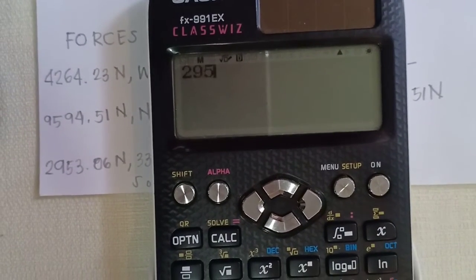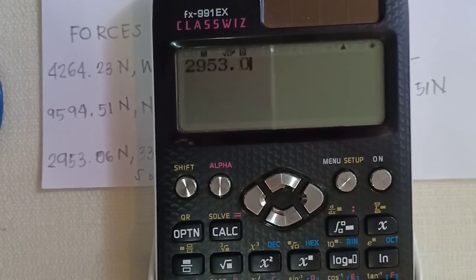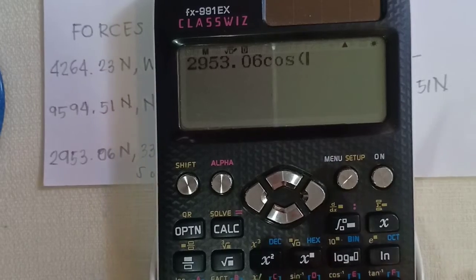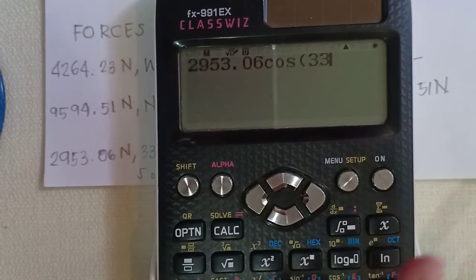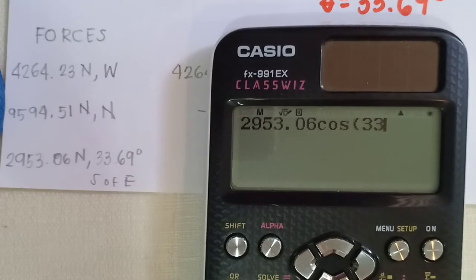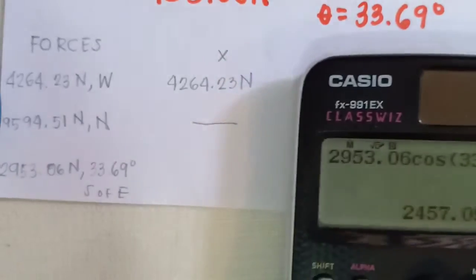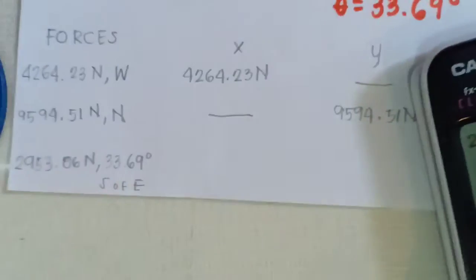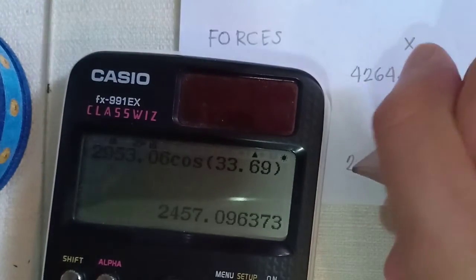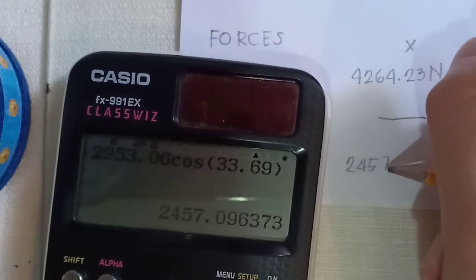So let's try to do that. 2953.06 cos of the angle 33.69. Your x is 2457.10.